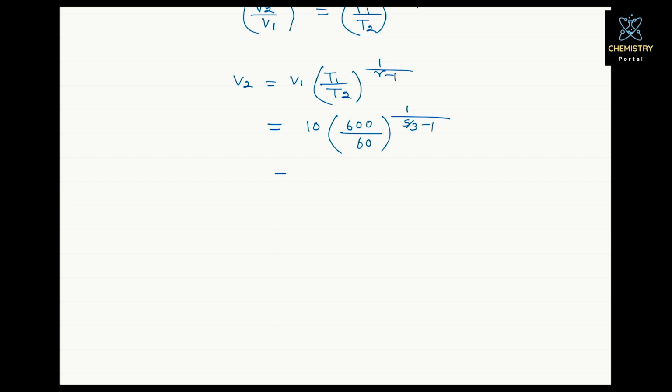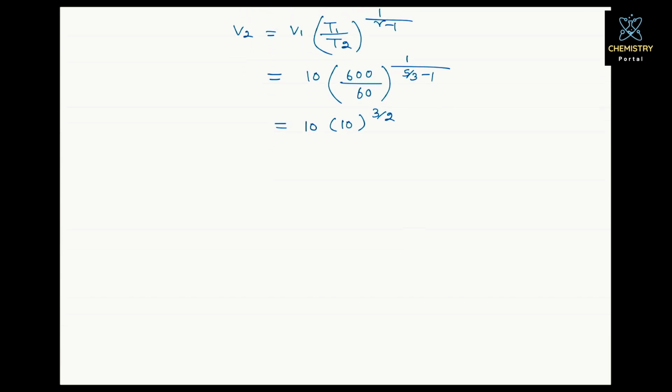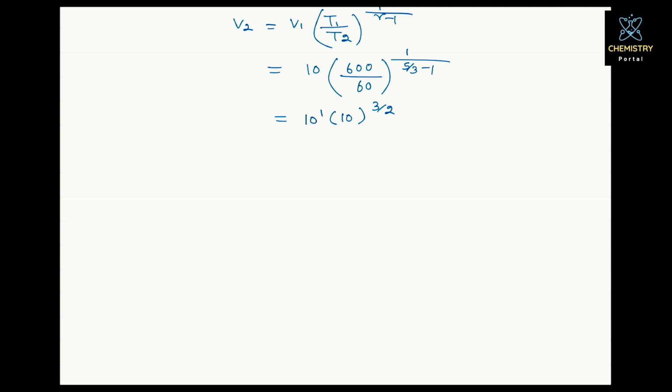So it becomes 10 into 10 power 3 by 2, and when the bases are the same the powers add, so you get 10 power 5 by 2. This is your V2 value, but we have to find ln V2. So ln V2 is equal to ln 10 power 5 by 2, equal to 5 by 2 ln10.